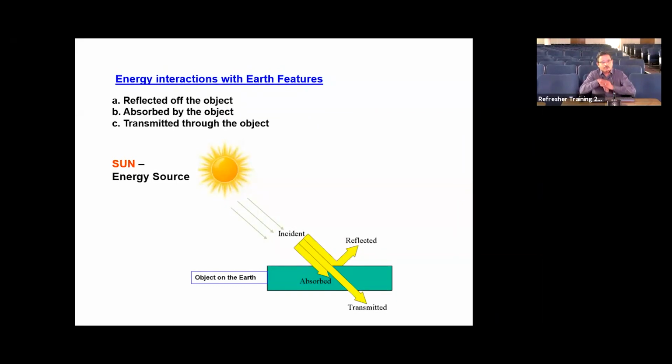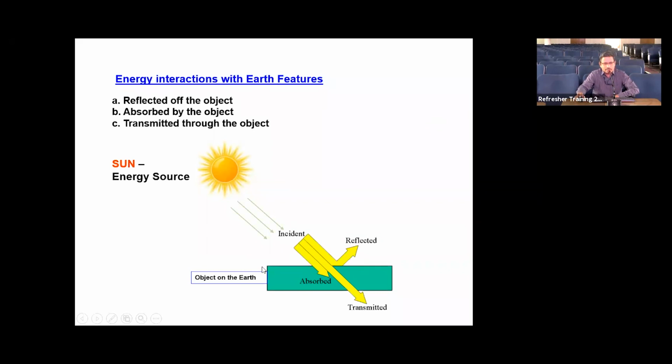And this is how energy interacts with any object. You might have studied this in your school physics subject. Let us consider the sun gives the energy, let us consider light energy. This energy propagates from the sun, passes through the vacuum, then through the atmosphere, then reaches the earth surface.